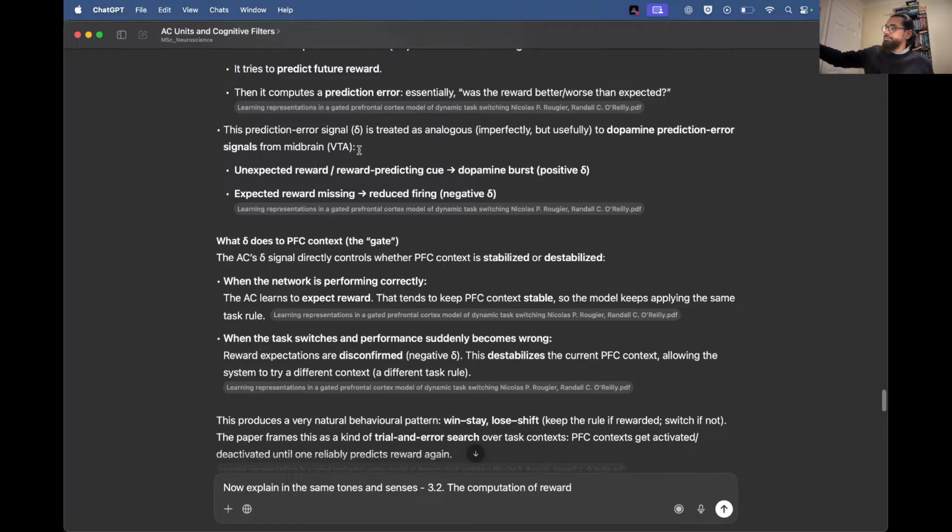Never mind. Anyway, dopamine burst; expected reward missing, dopamine drop, i.e., reduced.